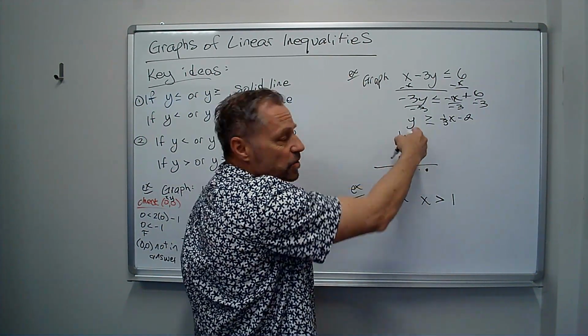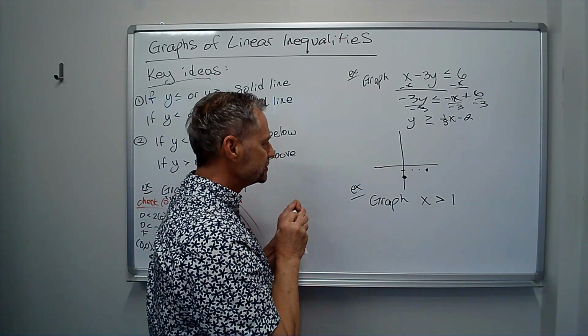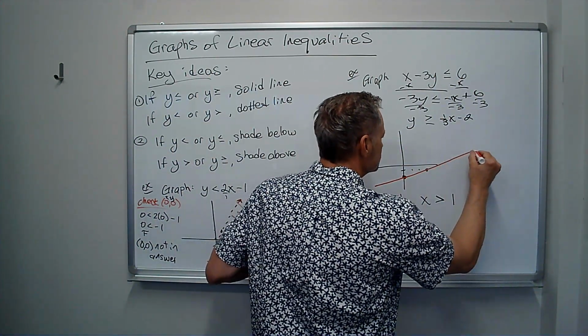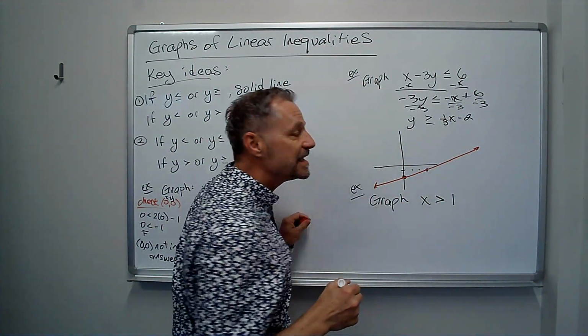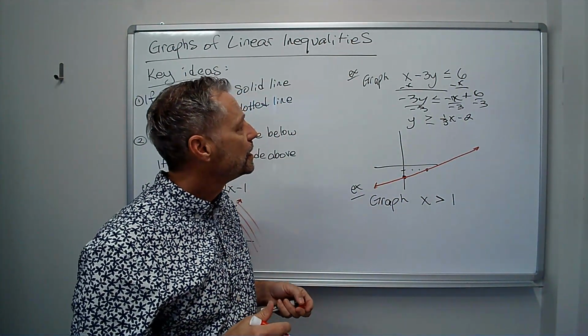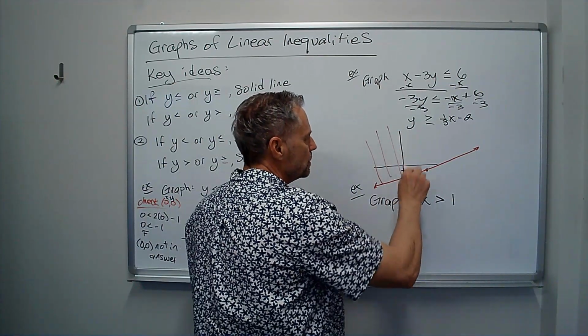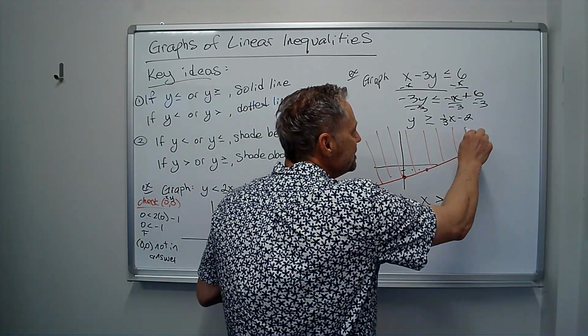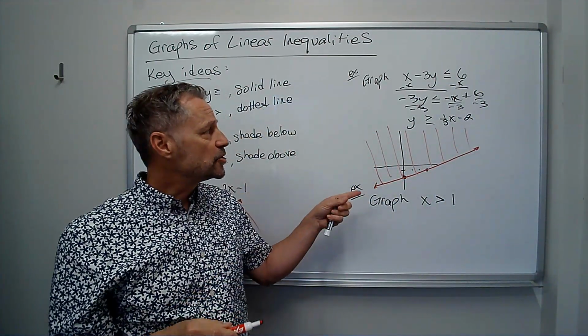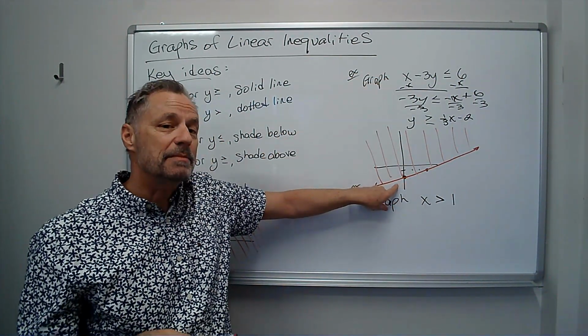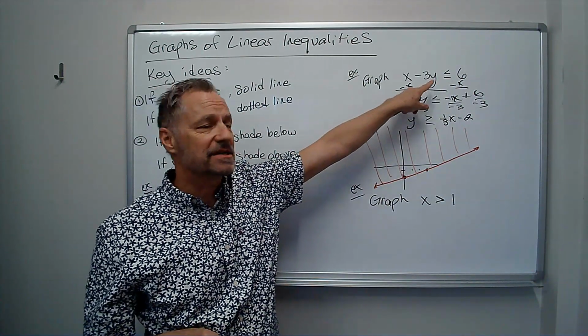This time I have an equal, so it's a solid line, because again, the line's part of the solution. Now I have a greater than, now I shade above. So any point in that shaded region is going to make this inequality true. Also, any point on the line itself makes it true because of the equals.